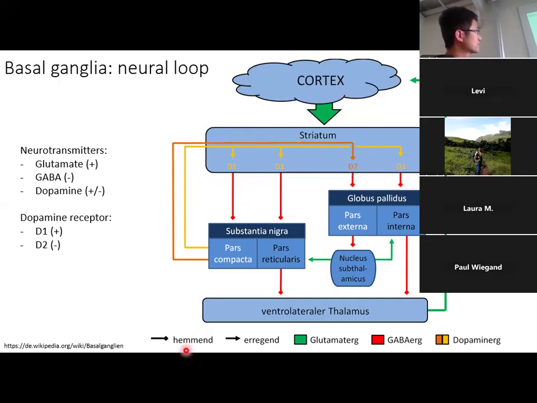And I don't want to go into the details of this loop. It just lets you know that we have different types of receptors, and this dopamine is really what the basal ganglia mainly produce to drive this movement.